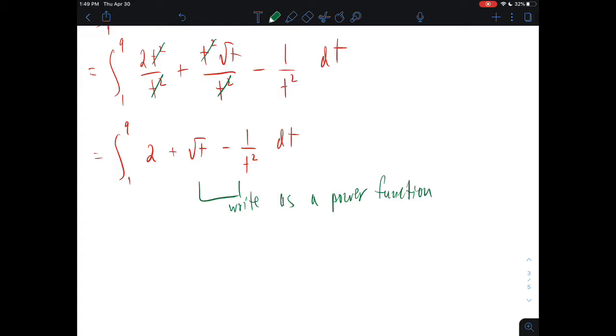So before I use any antiderivatives, I'm just going to rewrite one more time the integral from 1 to 9 of 2 plus the square root of t, which we've seen many times before is t to the 1/2 power, and then 1 over t squared is the same thing as t to the negative 2 power, and then dt. So now here's where we use our antiderivatives. First of all, the antiderivative of 2 would just be 2t.